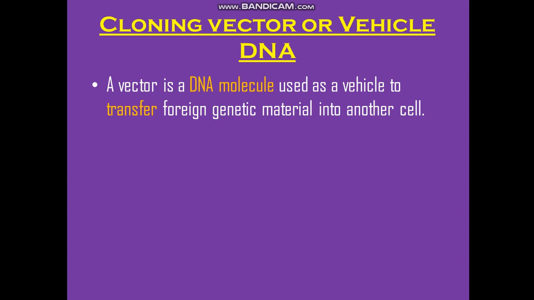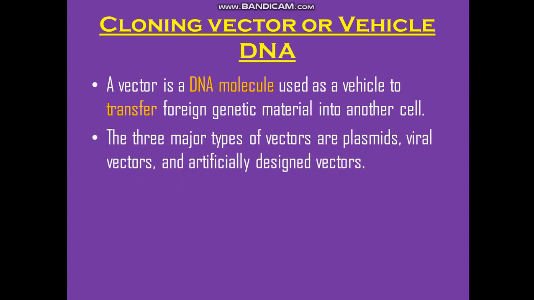These plasmids and bacteriophages have the ability to replicate within bacterial cells independent of the control of chromosomal DNA. So whenever the bacterial cell or host cell is multiplying, the plasmid vector or bacteriophage vector is multiplying along with it. Generally we use these two types of vector, but I'll be telling you about the other types also.